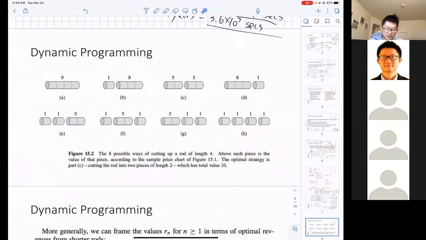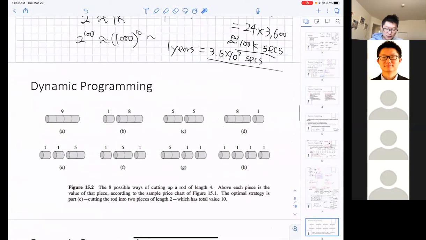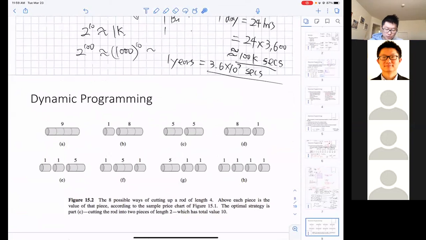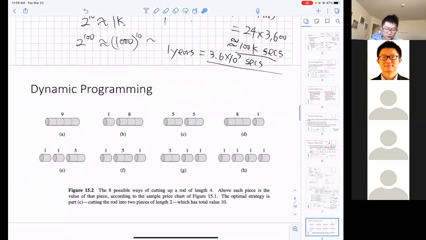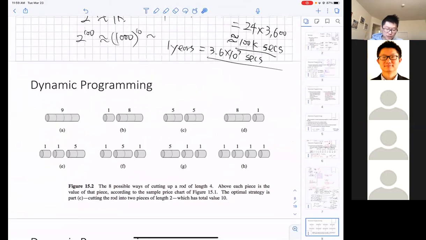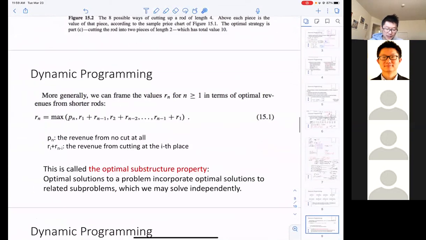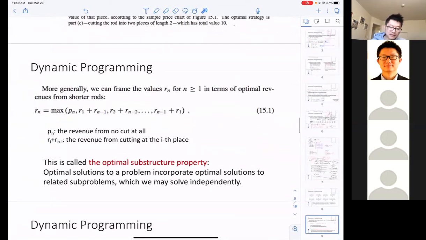Okay, so these are the 8 solutions for 8 different choices for us to cut a rod of length 4. Now this is the mathematical solution for us to find the best way to cut a rod of length n.